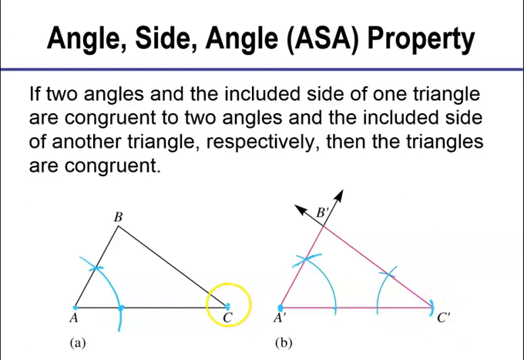Again, just open up your compass, it doesn't matter, just not huge, not too small, and draw an arc. Then draw that same arc over here, and come back, put your point here, and measure here, and draw an arc there. And again, where these intersect, you draw a ray from point C prime on, and those will automatically intersect at point B.